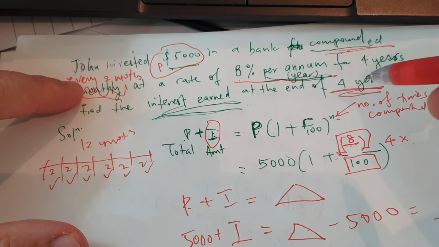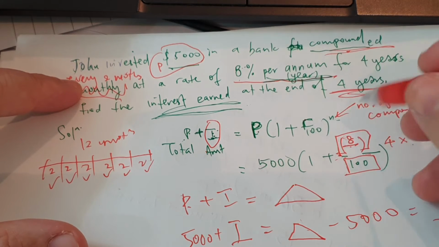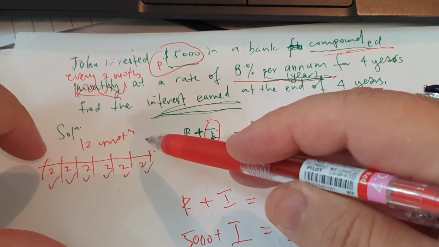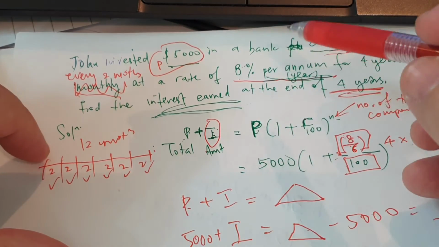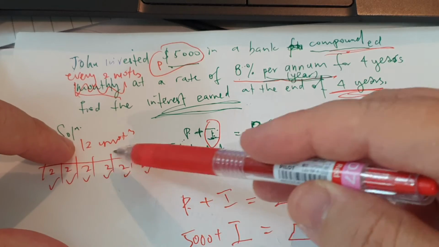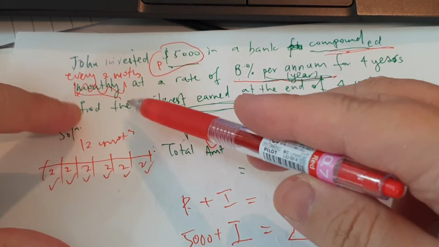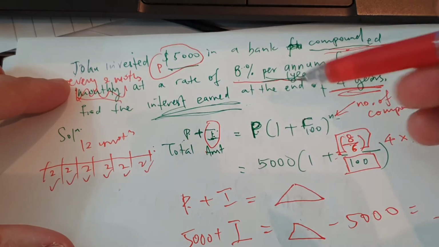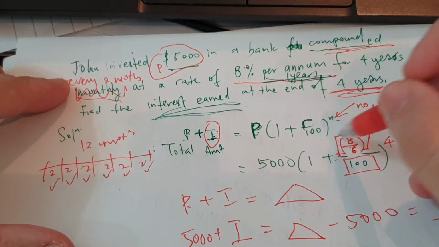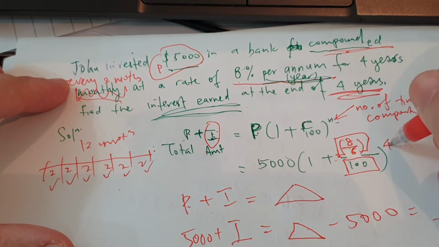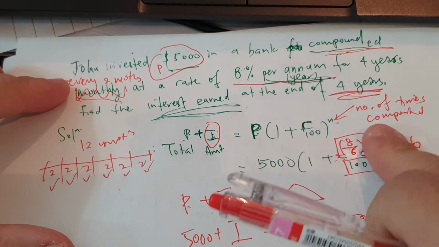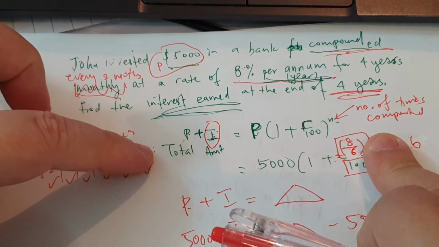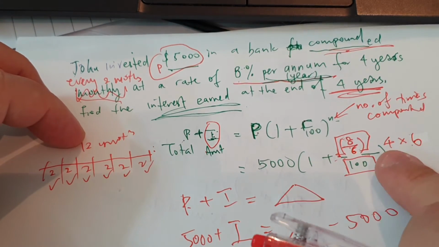So you have to divide by 6 in a year. And then down here is 4 times 6, because in a year you compound 6 times, but there are 4 years.